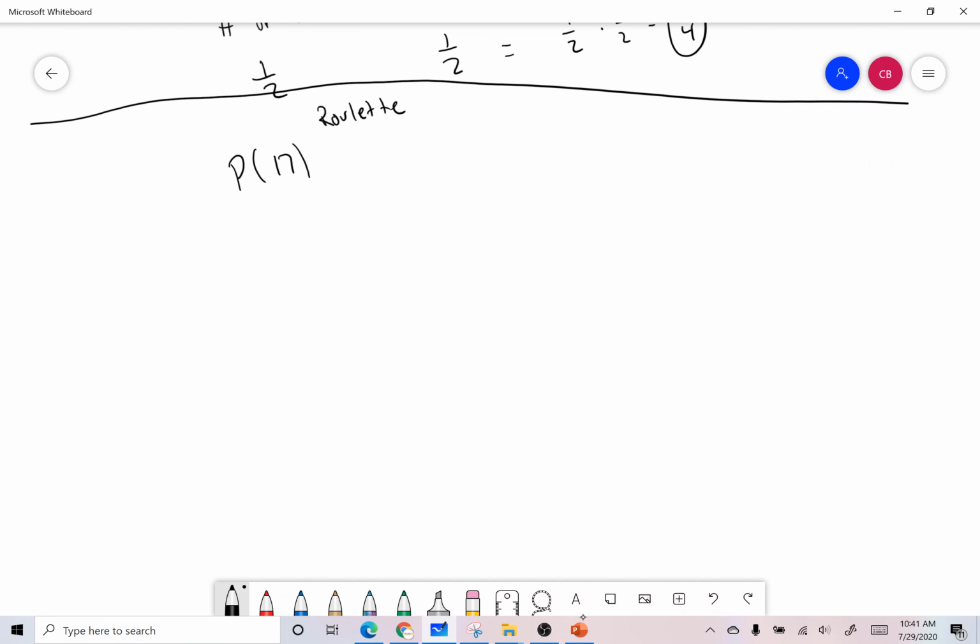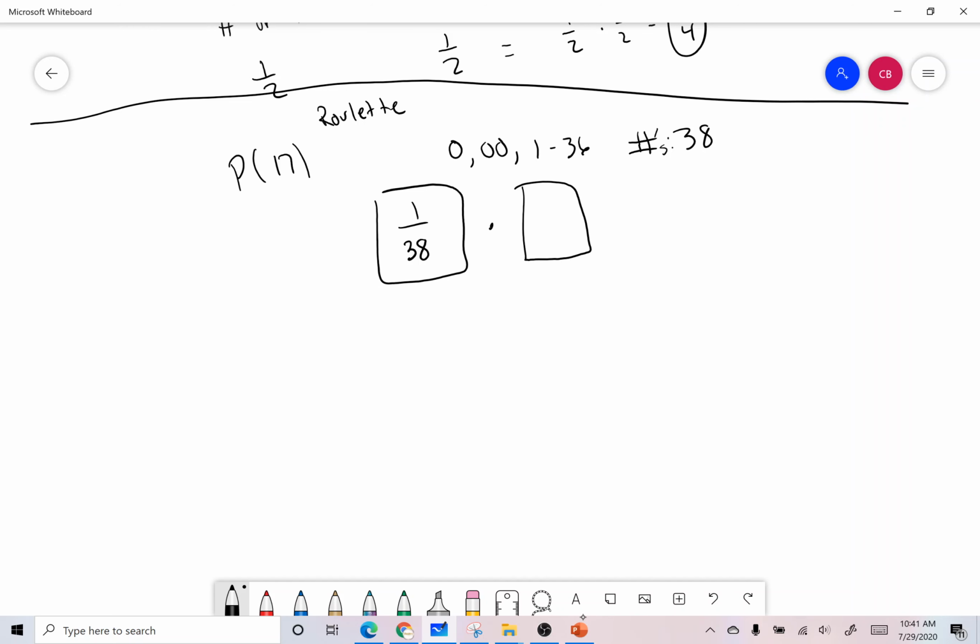Well, there is 0, double 0, and 1 through 36, meaning there are 38 numbers. So the chance that you get 17 is 1 out of 38 for the first spin. Now, since this is independent of the next spin, we multiply these. What is the chance you get 17 the second time? It's 1 out of 38 again.